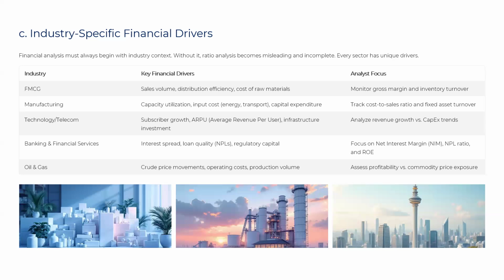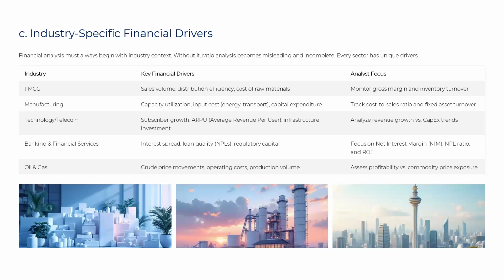Do you have the right tools to ensure that if the daily demand increases from 1,000 to 1,500, you have enough human resource, like people working in your factory, that can produce 500 extra? Do you have enough machines that can do the job? So that's capacity utilization, input cost, energy, transport, and also capital expenditure. So these are the key financial drivers that you pay attention to for a manufacturing company.